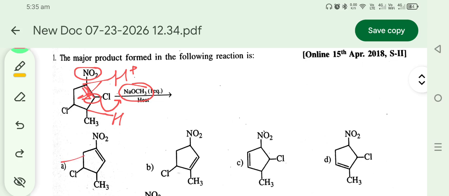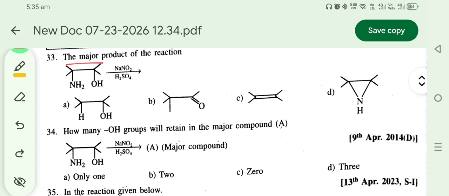It is an elimination reaction and a rearrangement also. With NaNO2, the amine group is converted to diazonium. After H2SO4, it is eliminated, and this is the position of a carbocation. After that, alkyl group rearrangement takes place, similar to pinacol-pinacolone, and this methyl is migrated to this position.